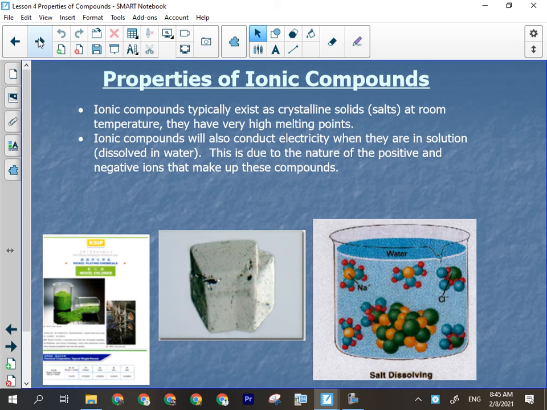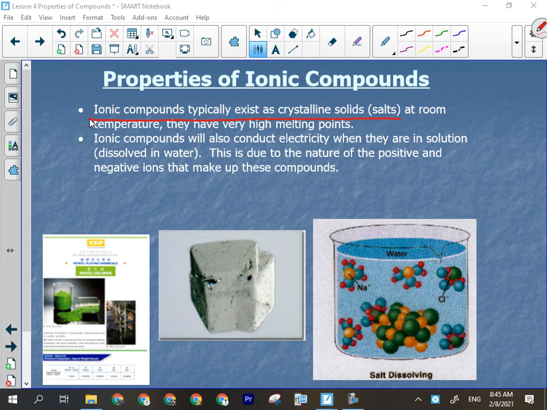Now, other things that can help us to tell whether something is ionic is that all ionic compounds are crystalline solids, or salts, at room temperature. All ionic compounds are crystalline solids at room temperature. Does that mean all crystalline solids are ionic compounds?